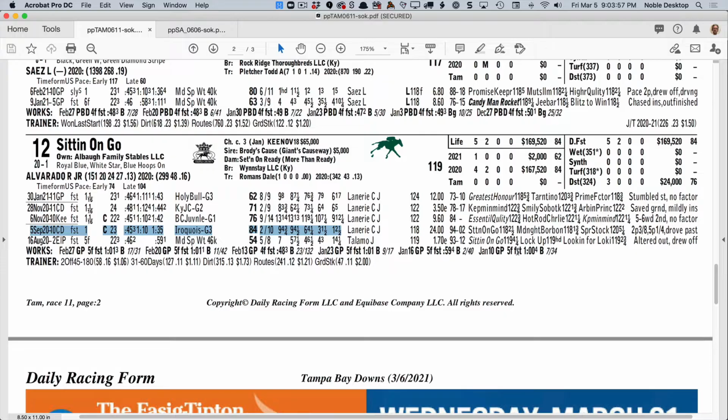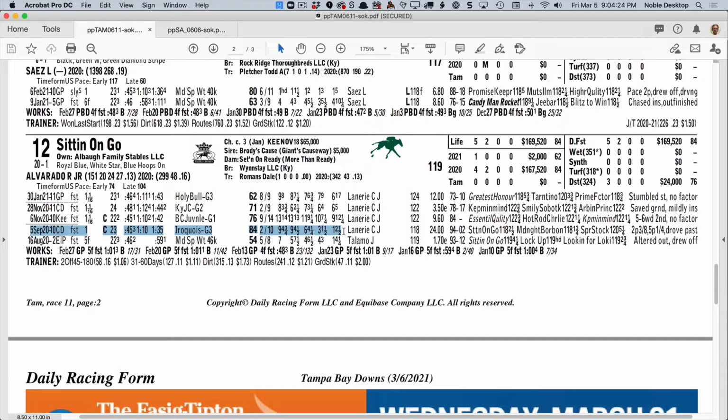So by projecting that number forward, you can gauge how much a horse could improve. And sometimes you can get horses that get overlooked, like Sitting on Go. He's never run any faster than any horse in this race, but that 84 indicates that he's capable of running much faster today if he was healthy and sound and fit.